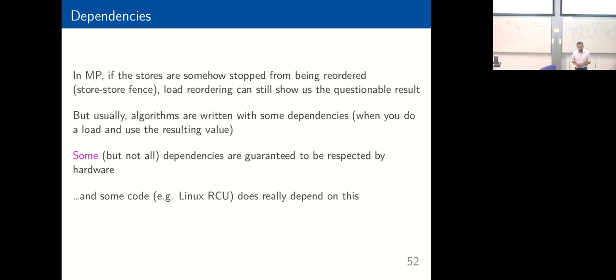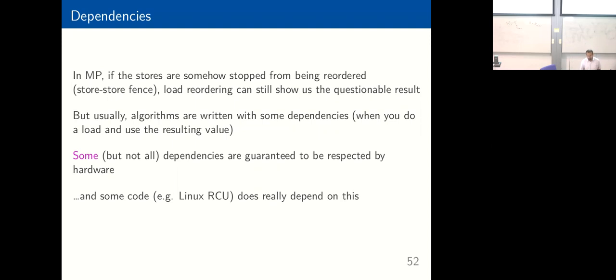So, in message passing, in the MP test, if the stores are somehow stopped from being reordered with respect to each other, like for example, if you had a store-to-store fence and we stuck that in, I said before that the architecture is allowed to, and the hardware in fact very much does, reorder loads as well, even though one of the loads was after exiting a while loop that was guarding the first load.